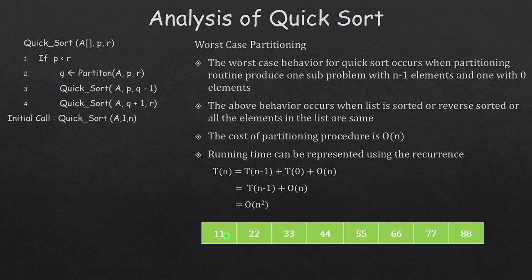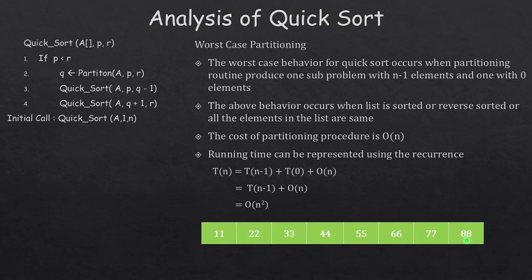So here I have a list which is given as input to quicksort. The speciality of this list is that it is already sorted. Just imagine I am applying the partition procedure on this list. What happens? This 88 will be chosen as the pivot element.